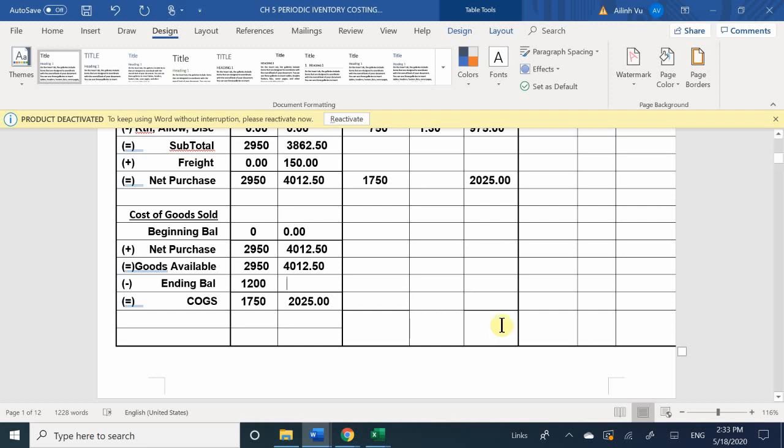Yeah, 1987 and 50 cents. Okay? And this is how you solve for this table.